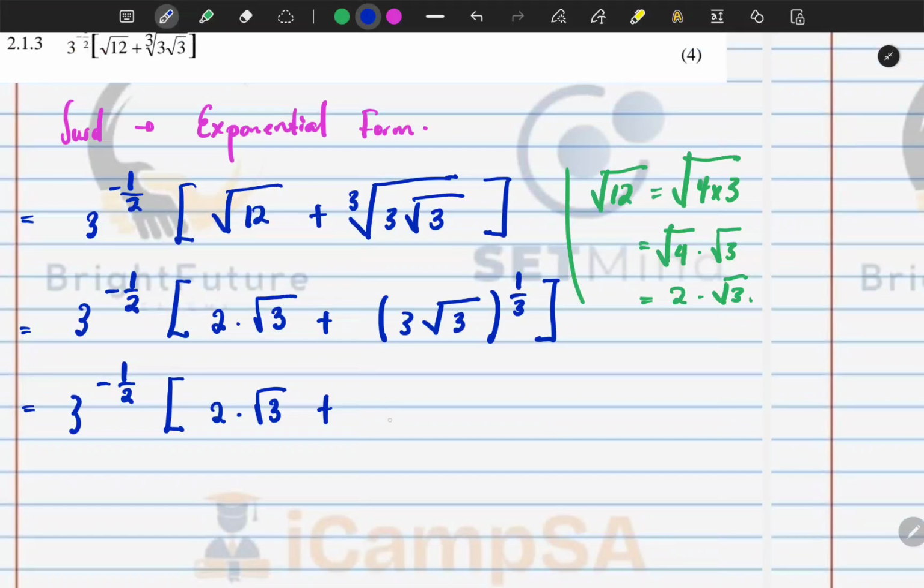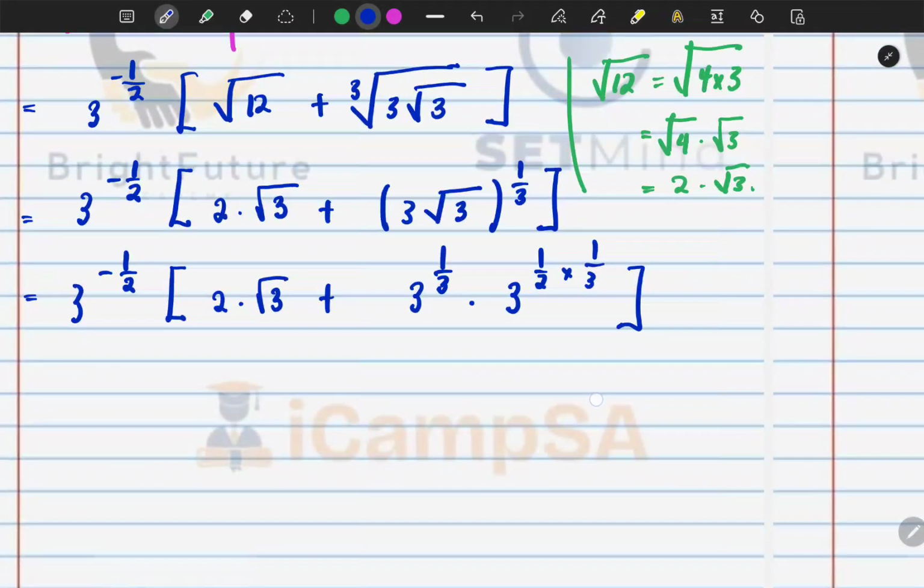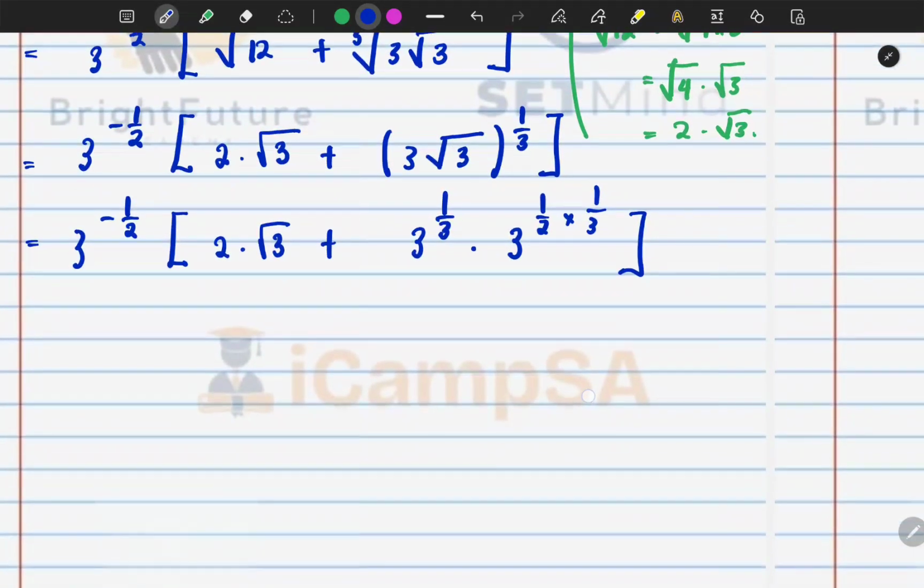So you are going to end up having 3 to the power of 1/3 times, root 3 can also be written as 3 to the power of 1/2, which is going to be 1/3. So we have simplified it now.